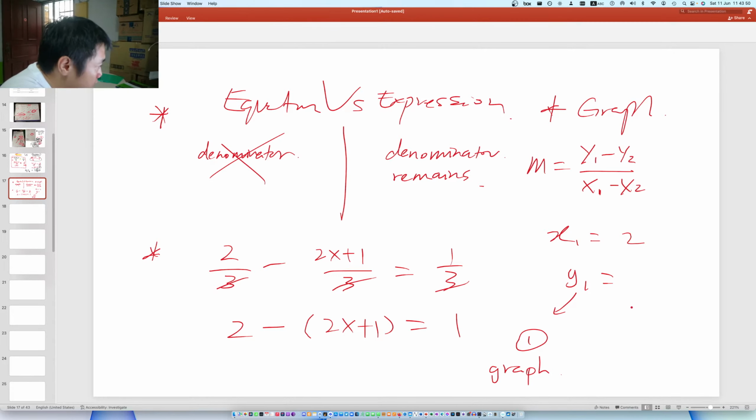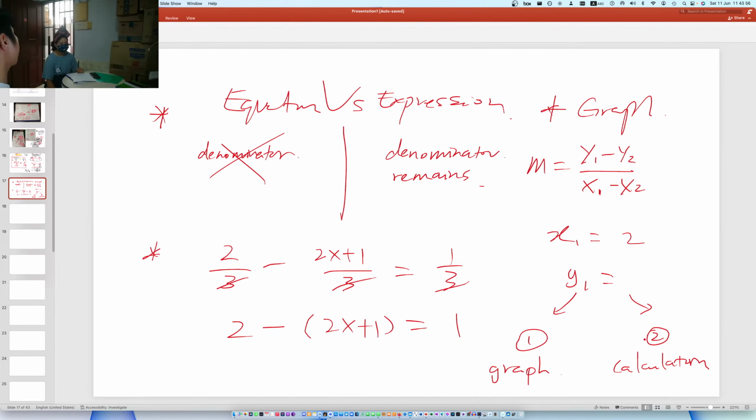Then second method is by calculation. Simple? Okay? So if you manage to get rid of all this, or you manage to remember these 3 commonly made mistakes, then you should be able to score.